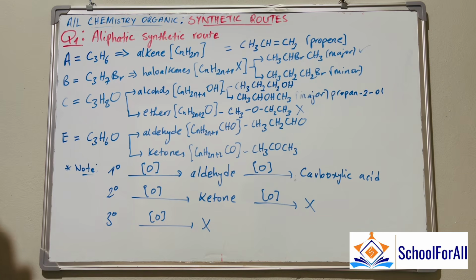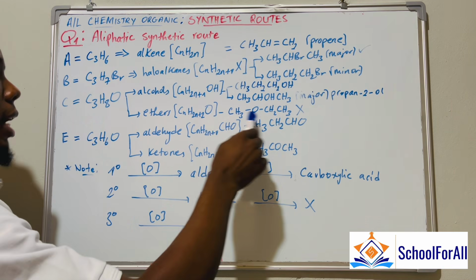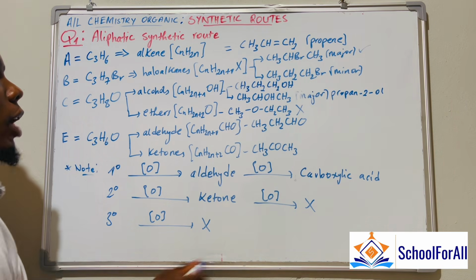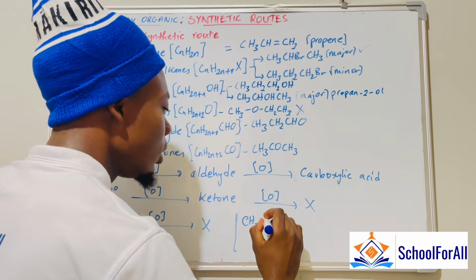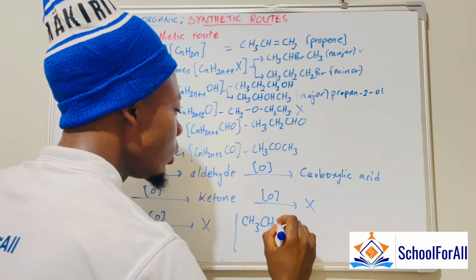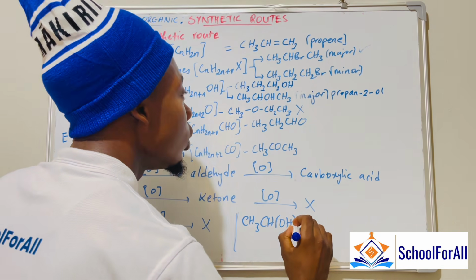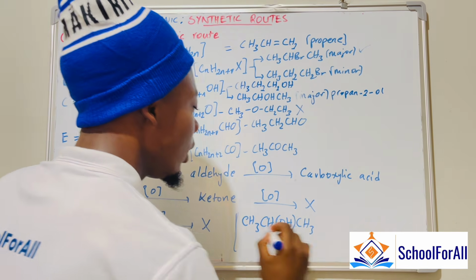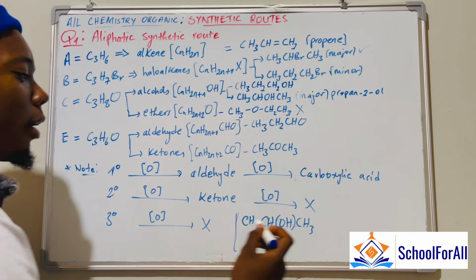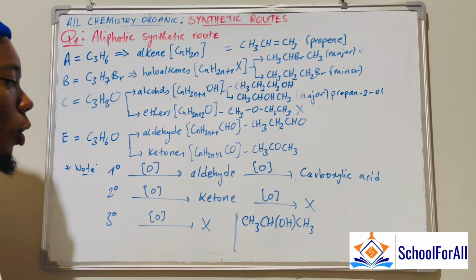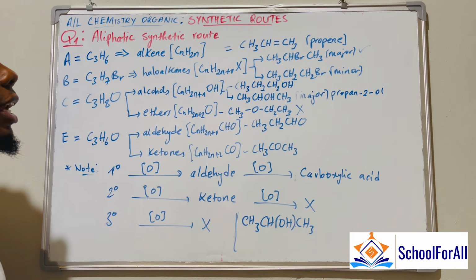Now, if I was moving from a secondary alcohol, I hope all of you are aware that CH3CHOHCH3 is a secondary alcohol. So if I oxidize a secondary alcohol, I will obtain a ketone.